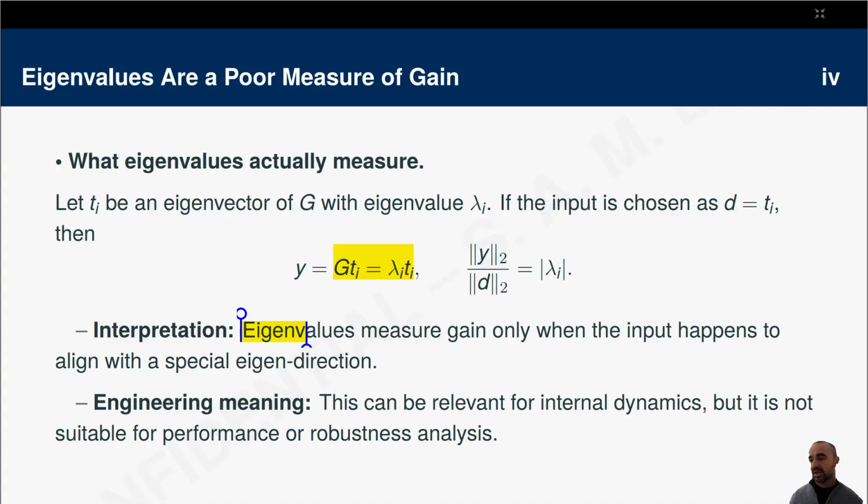Eigenvalues are excellent for internal stability, for modal structures. Why do we say internal stability? Because internal stability may not be explained as something relevant to output under external excitation. So that's why we say internal stability. But they are poor for worst case amplification, the actual response of the system, or robustness to unknown disturbances.